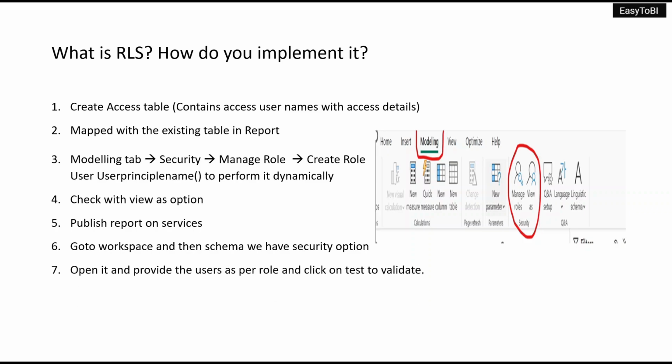After selecting it, open it and you will find the two roles, admin and user, which we already created at Power BI Desktop level. So click on that, add user IDs or email IDs, and save it as per the role. Later, if you click on that role and click on Test as role, you will be able to see the respective changes in Power BI.